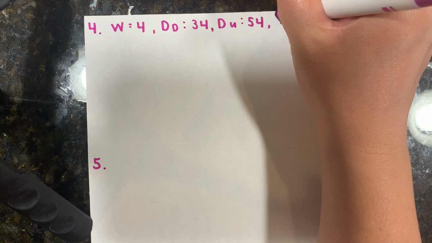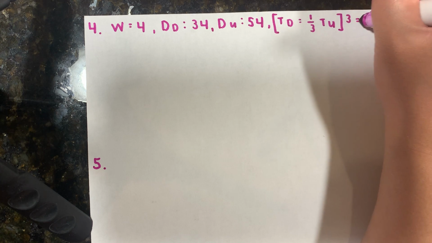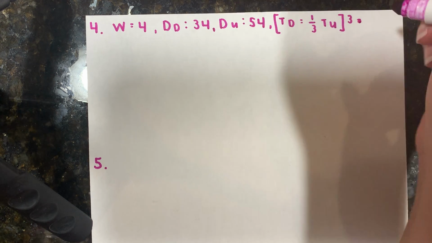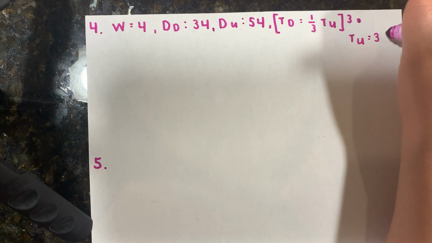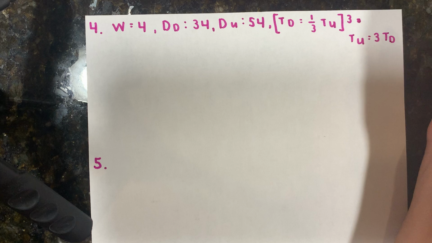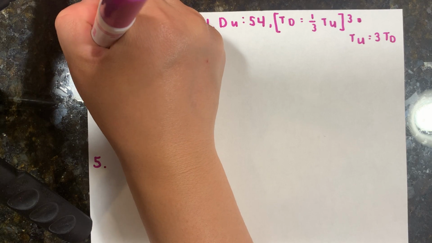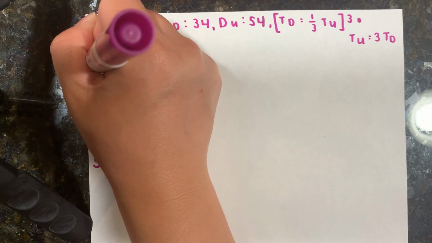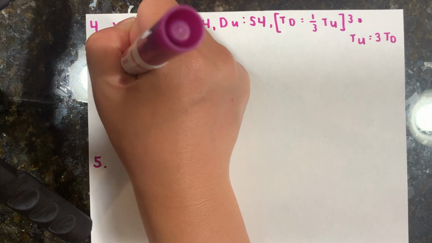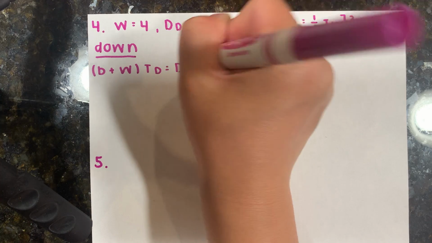But I don't like to deal with fractions, so I would multiply this whole thing by 3, giving me TU is equal to 3TD. Okay, so all I did was multiply the whole thing by 3. Now I have a downstream equation, which will be B plus W times TD equals DD.